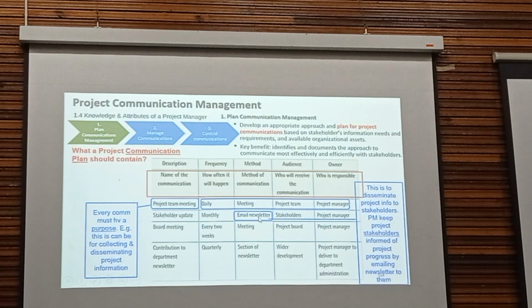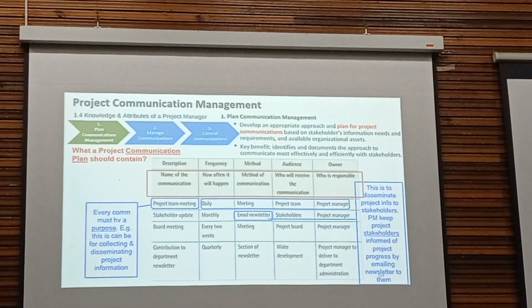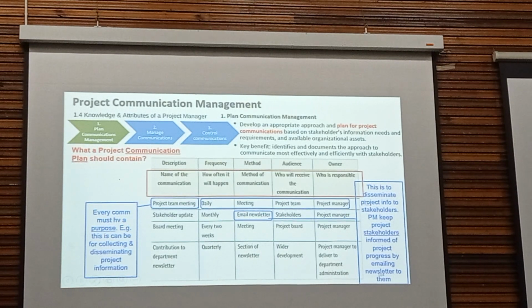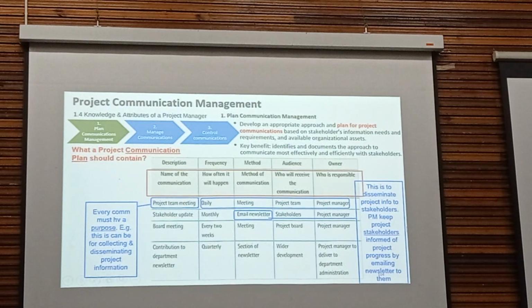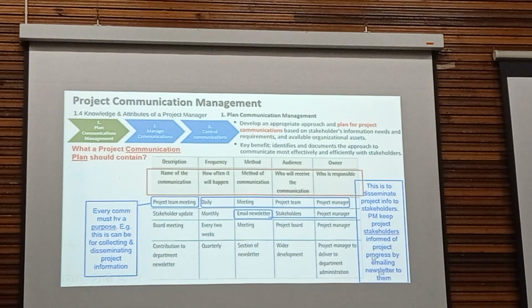Next, this one is the email newsletter. The email newsletter is to pass project information to stakeholders. If the method is an email newsletter, this tells us that it is to disseminate project information to stakeholders. The project manager keeps stakeholders informed of project progress by emailing a newsletter to them.